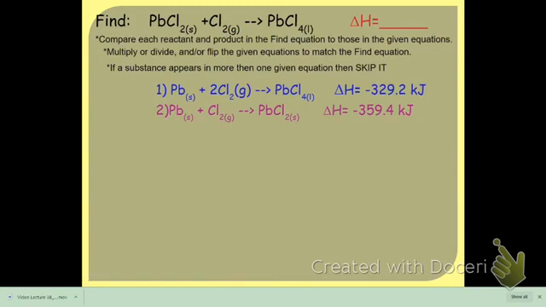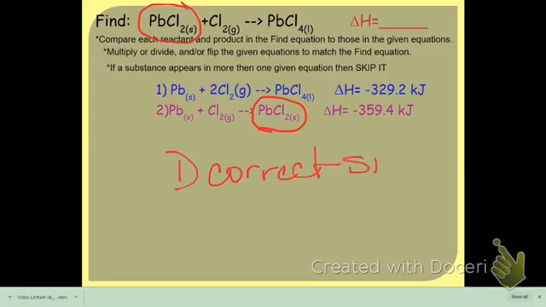So let's see what we got here. If we check out the PbCl2 solid, we find it only once in the available equations. But notice where it's located. There are two questions. Remember, we asked, is it on the correct side? And we asked, does it have the correct coefficient?